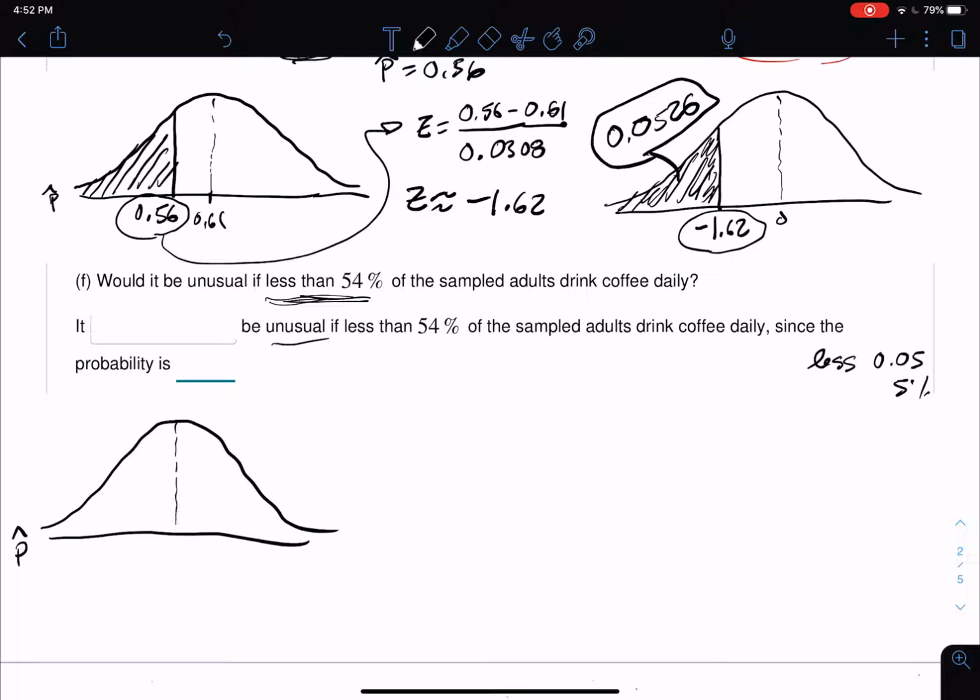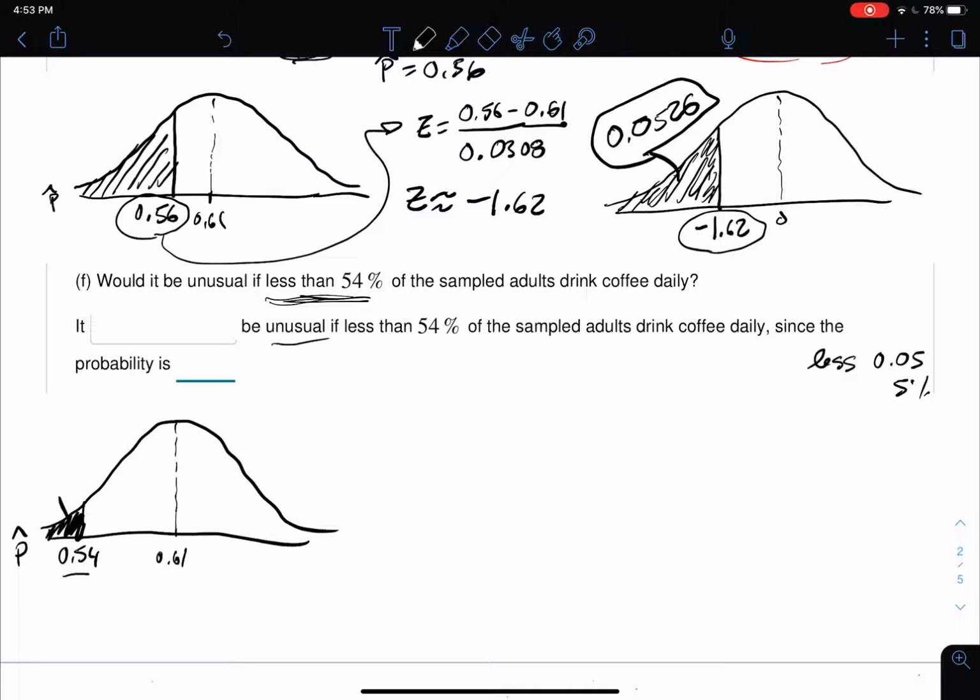We do know that the mean of the sample proportions, just like every other time, and this problem was 0.61, and this particular one we are down here at 0.54. And our question is that area less than 5%? And if it is, then it's unusual. If that area is bigger than 5%, then it is not unusual. Okay, well, let's check it out.